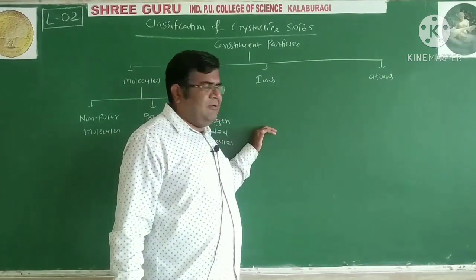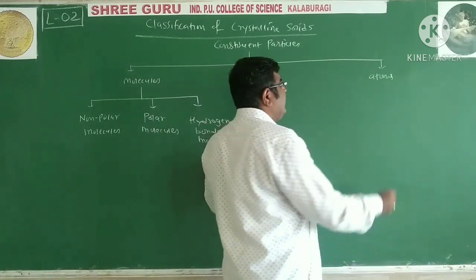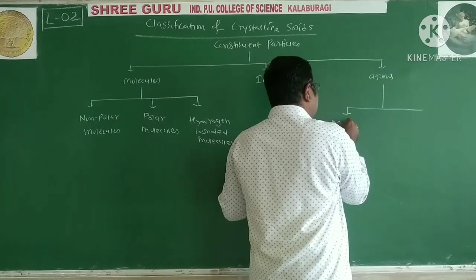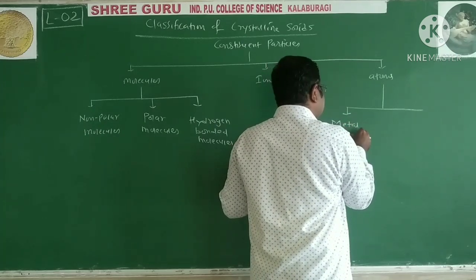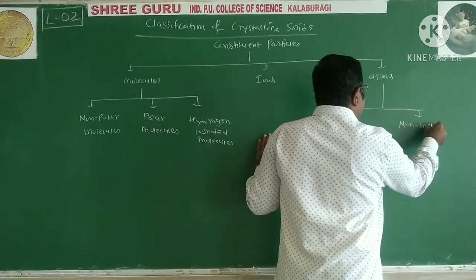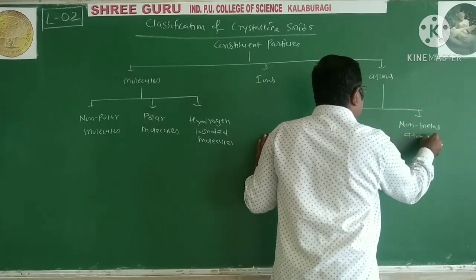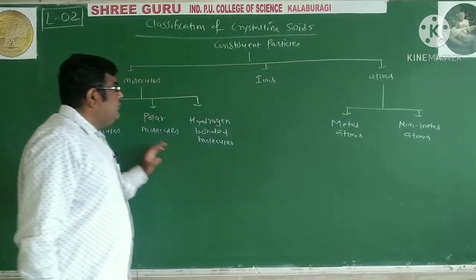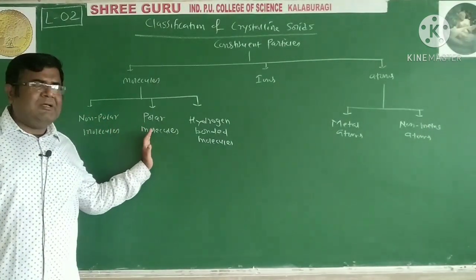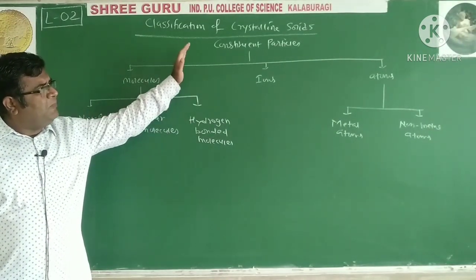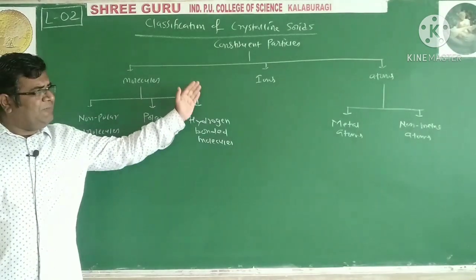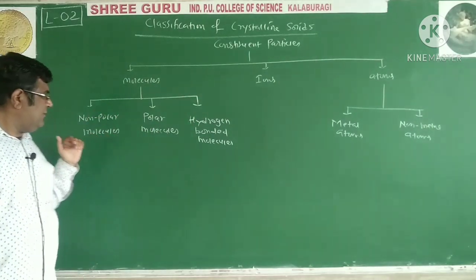There is no further classification to it. But when we say atoms, there are two types. They can be metal atoms, or they can be non-metal atoms. So constituent particles are molecules. Molecules can be non-polar, polar, hydrogen bonded. Constituent particles can be ions, and constituent particles can be atoms, and atoms can be metals and non-metals.